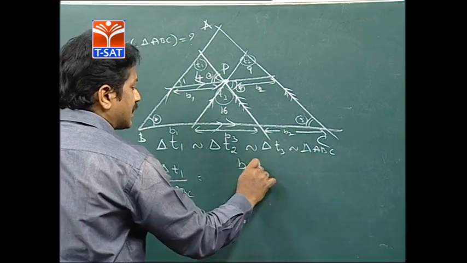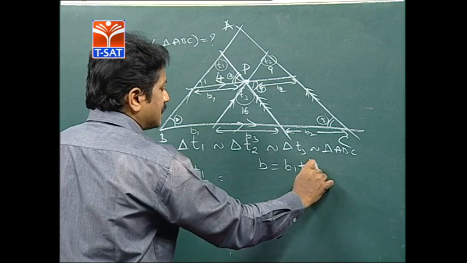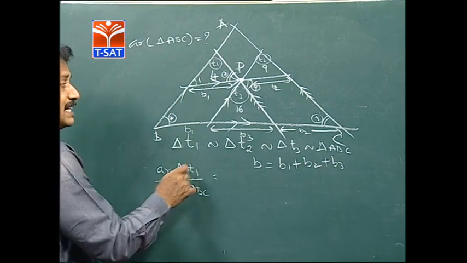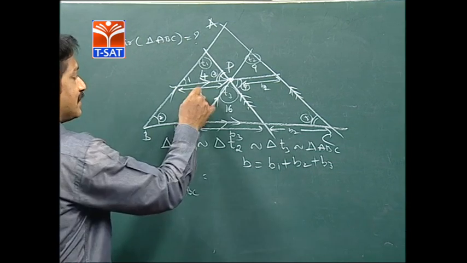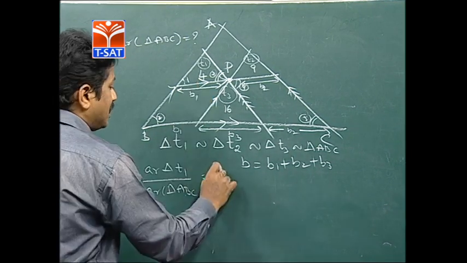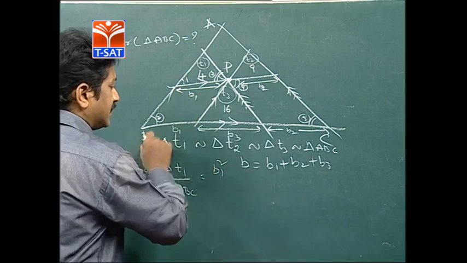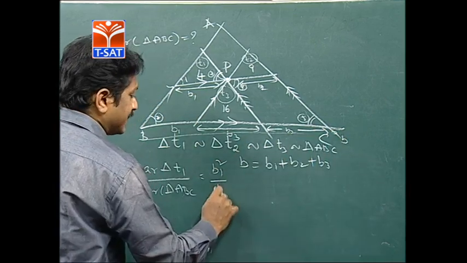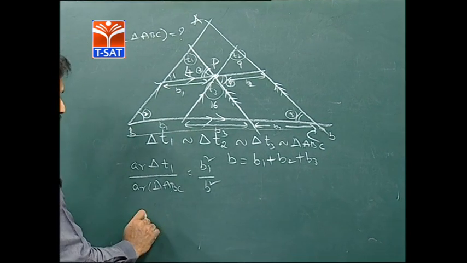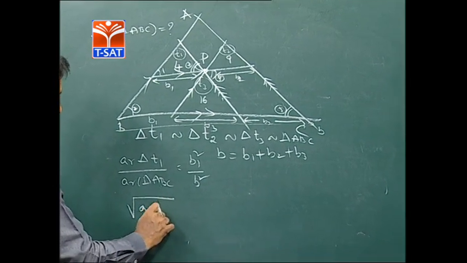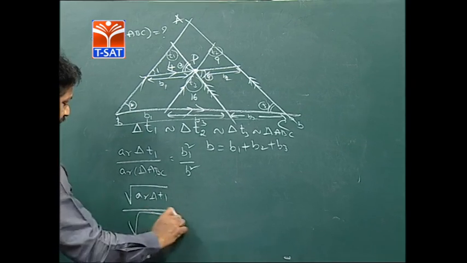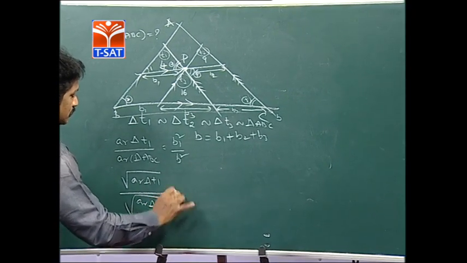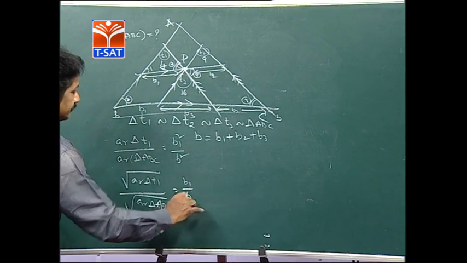So we can come to a conclusion, B is equal to B1 plus B2 plus B3, correct? Okay. So area of triangle T1 by area of triangle ABC is equal to B1 square by B square, or you can write it simply as square root of area of triangle T1 by square root of area of triangle ABC is equal to B1 by B, correct?